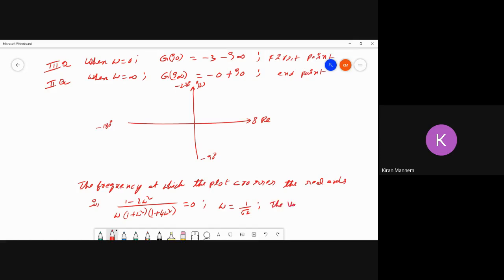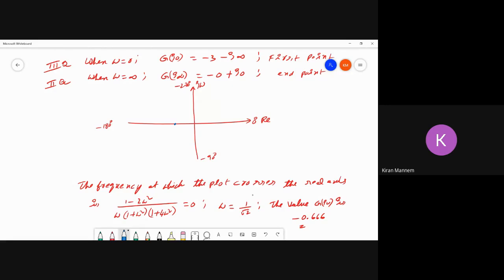of the real axis, g of j omega, when the imaginary term is equal to 0, is minus 0.666. So if you do it, you'll get it. I'll denote that minus 0.66. It is somewhere here.